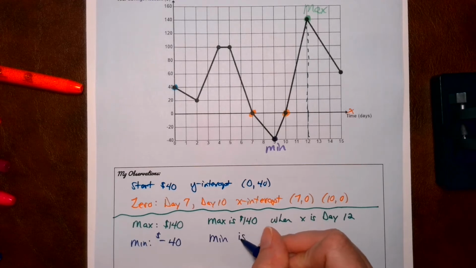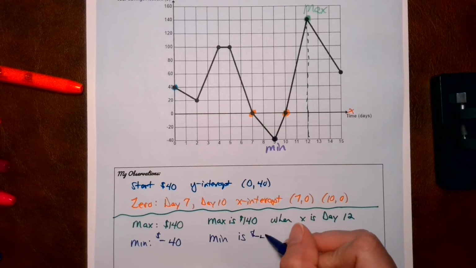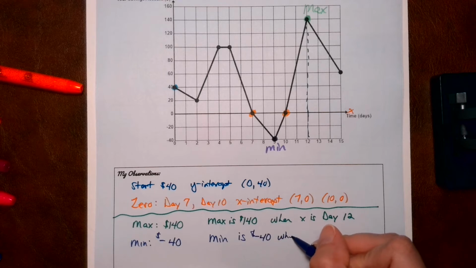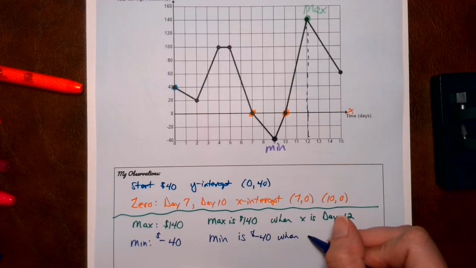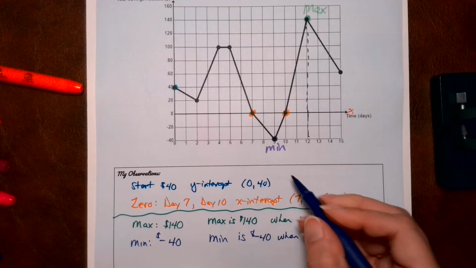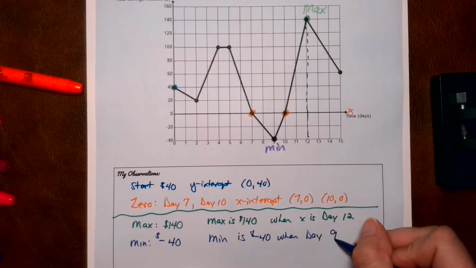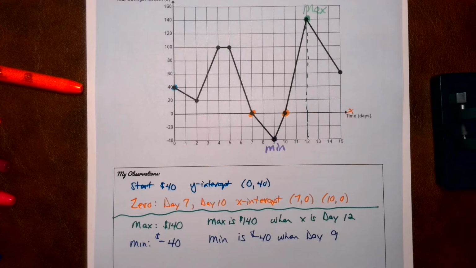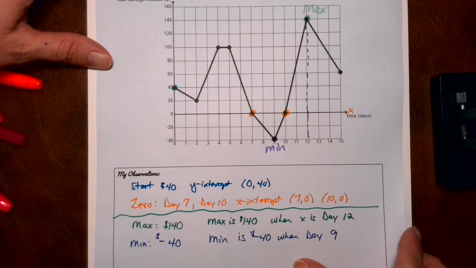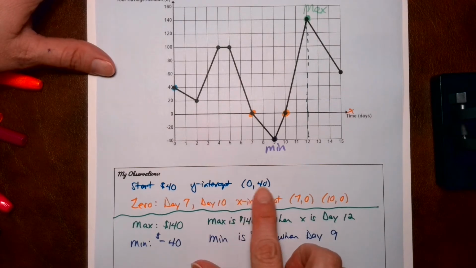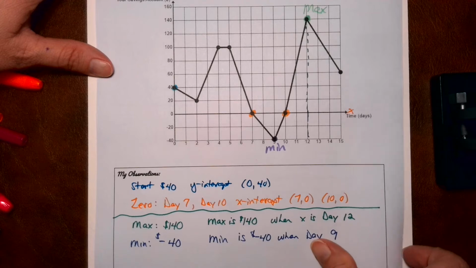The minimum is negative 40, on day 9. So when you're doing maximum, you have to say when that happens. When you do x and y intercepts, we have the 0 there.